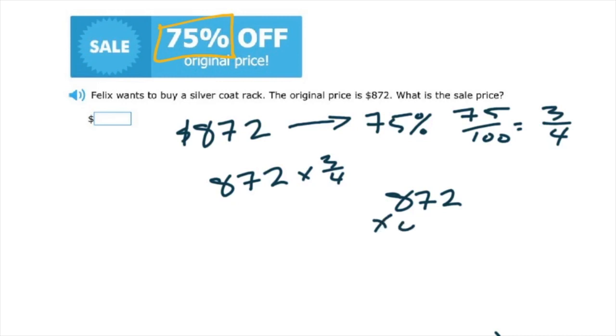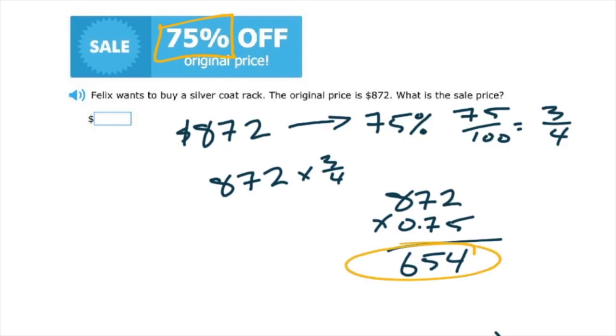872 times 0.75. Now, if we do that one, that tells us that the total here is going to be 654. Now we have 2 decimal places to move, but we're going fast right here. So 654. All right, is that the price we pay? And the answer is no, because what we did here is we calculated 75% off the total.